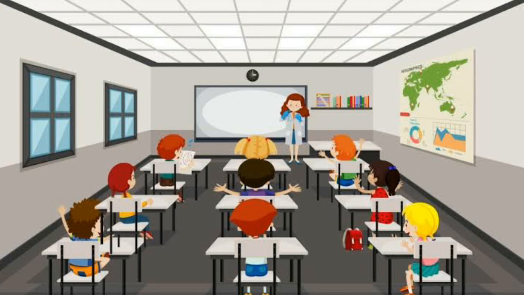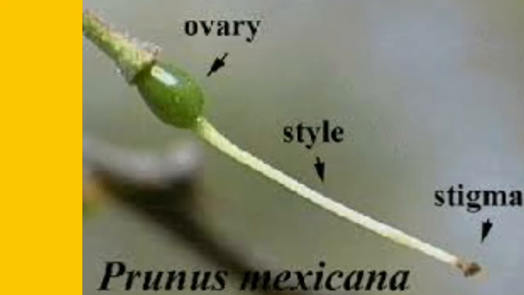The base of the carpel is the ovary. Tip of the carpel is the stigma, that is sticky. The thin stalk-like structure is the style. That style connects the two parts, that is ovary and stigma.